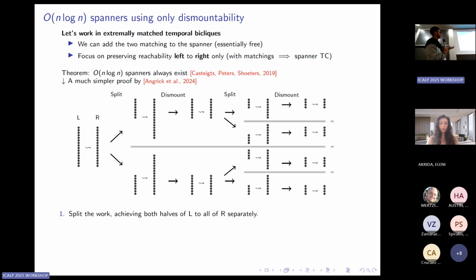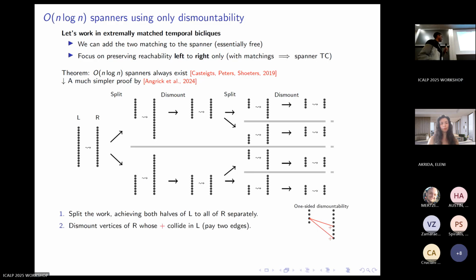We want the left to reach the right, so we split the left in two, and we want to find for each of them a spanner such that all left vertices reach the right, okay?